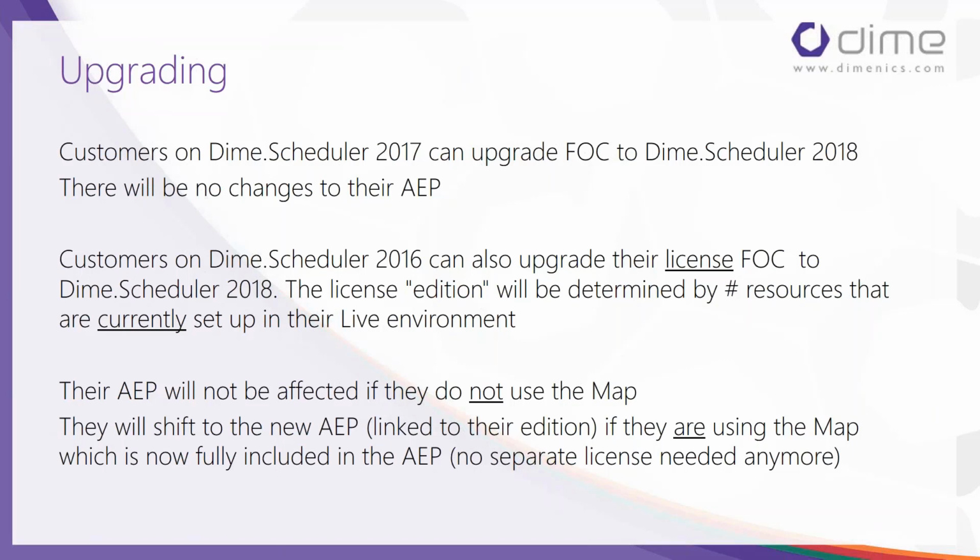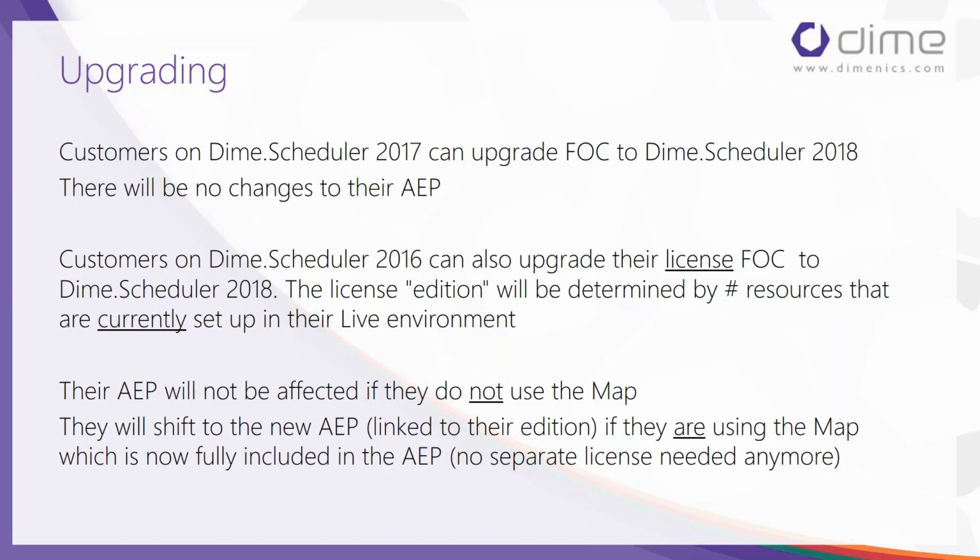Before we go there, let's quickly have a look at what happens to your existing customers. Well, quite simply, all the ones that already are on the HTML5 version or the Dime.Scheduler 2017 release, they can easily upgrade entirely free of charge to the latest edition. Also, their annual support plan will not change.